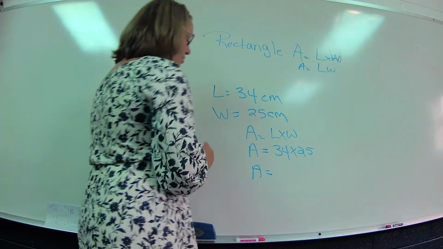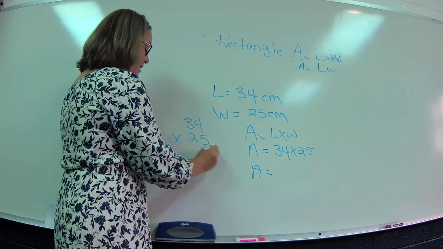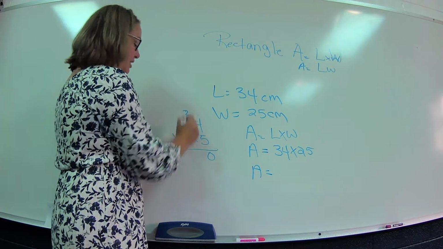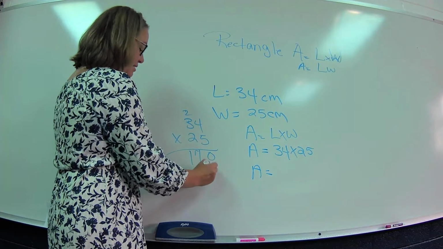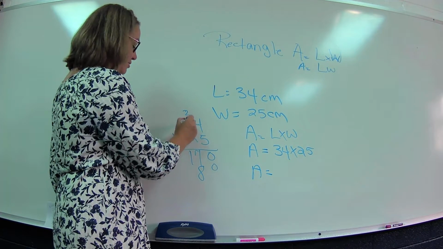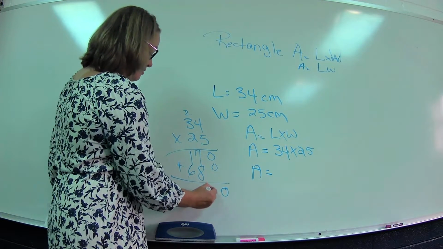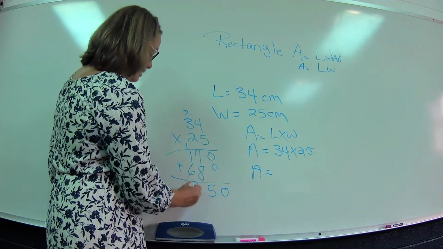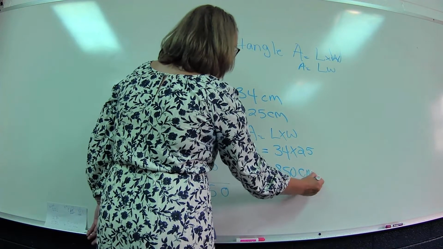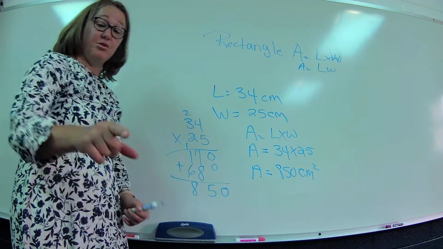Come over here and do your little problem, 34 times 25. 5 times 4 is 20, carry a 2. 5 times 3 is 15, plus 2 is 17. Space holder, then 2 times 4 is 8, 2 times 3 is 6. You add them up, and that gives you 850 centimeters squared. Excellent.